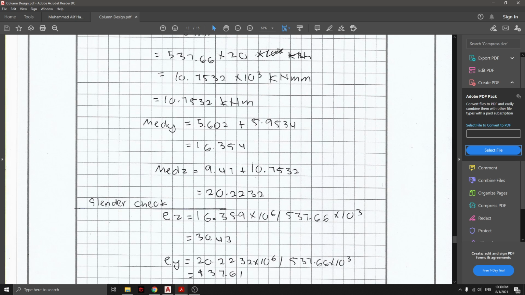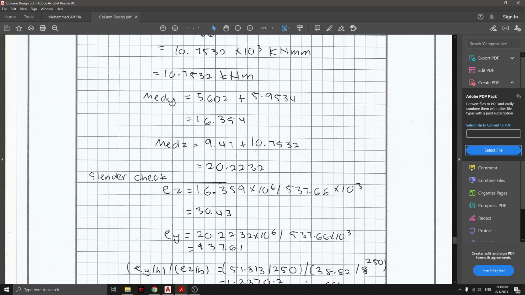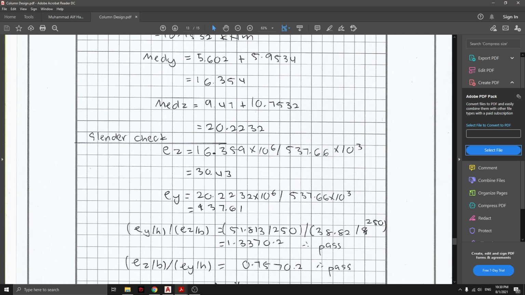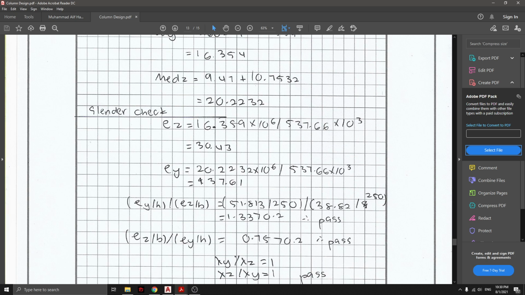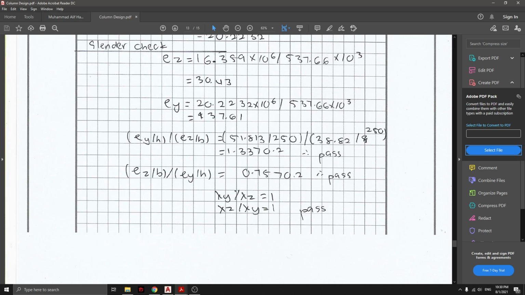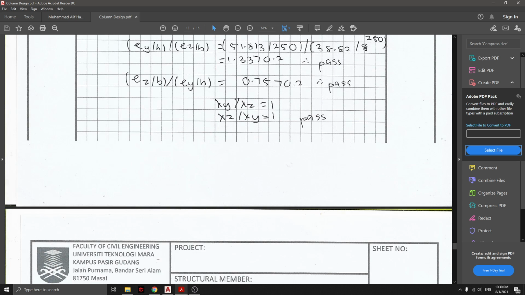So my MEDZ is greater. So EZ, we check if this one is slender or not. So after we got from the formula, it is slender. So yeah.